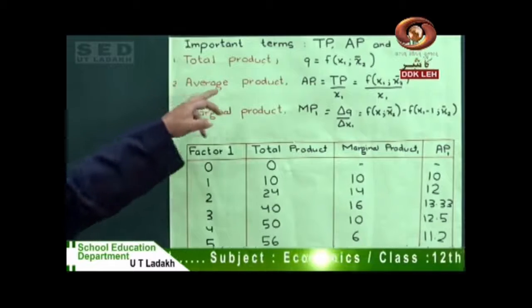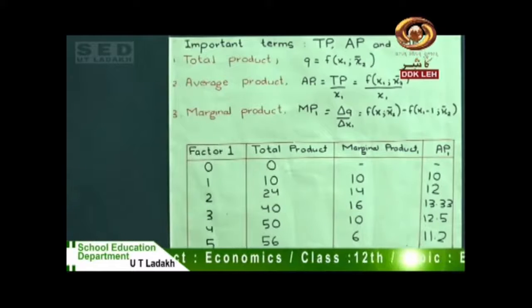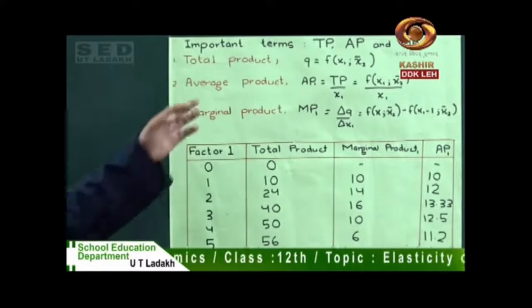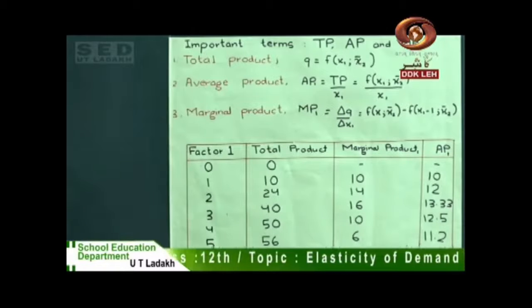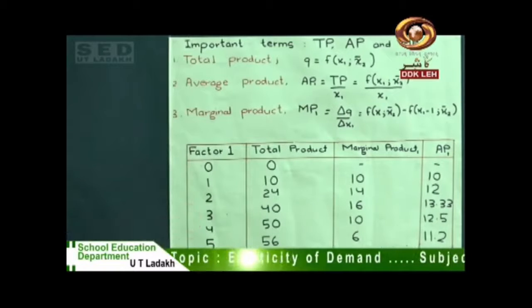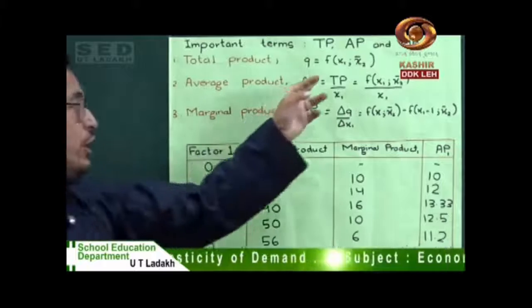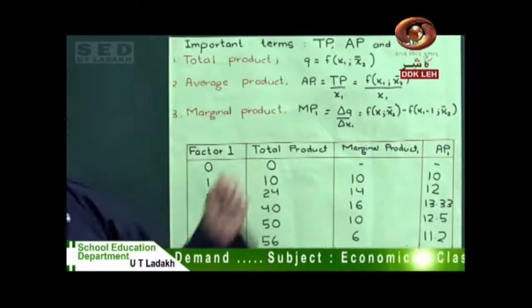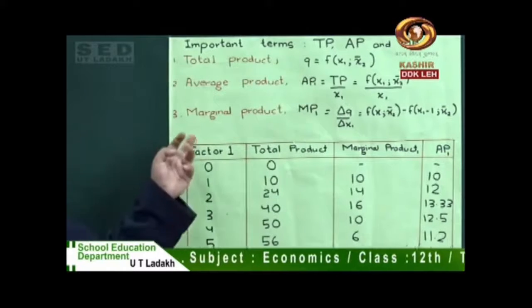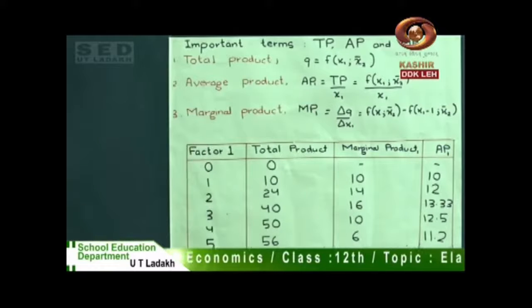Second concept is your average product. Average product is simply the ratio of total product to your variable input. That is simply Q to X1. The third concept is marginal product.